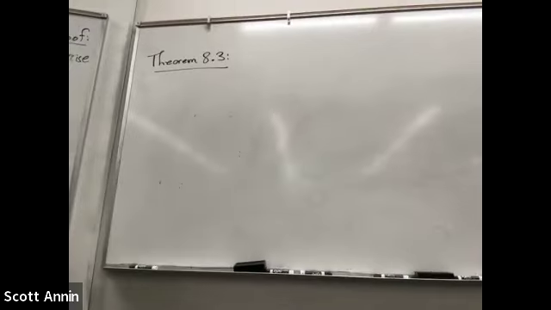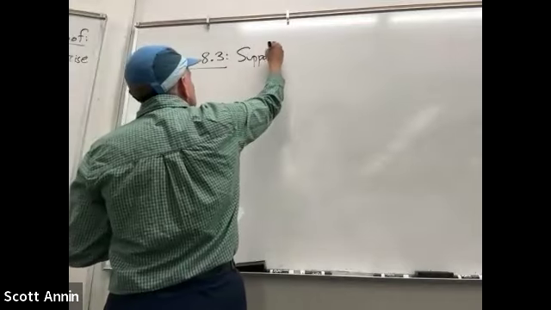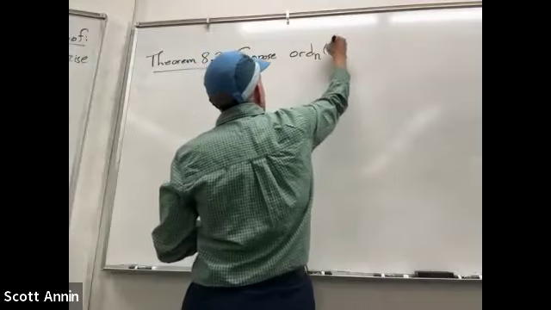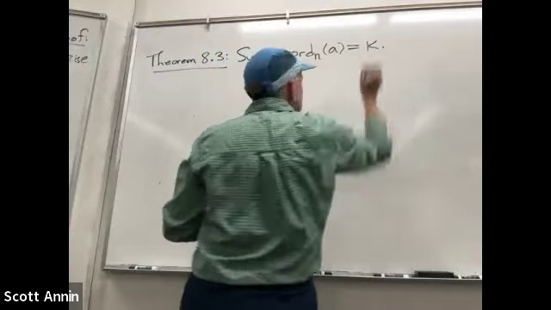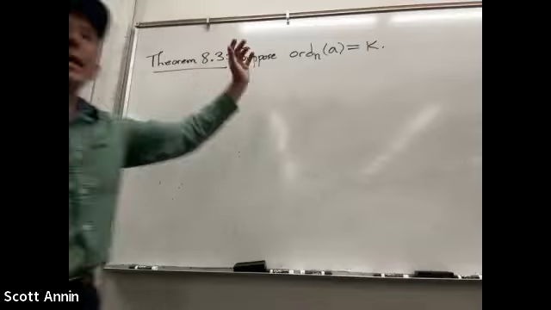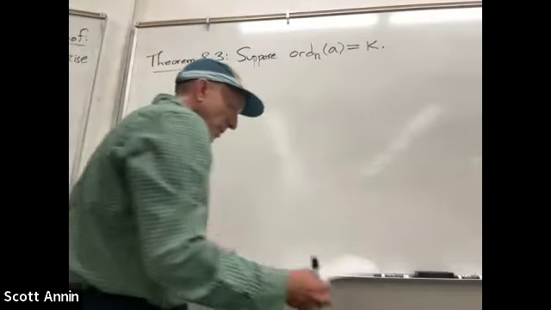And this is what this says. So again, for the umpteenth time, let's suppose that the order in mod n of A is equal to K. So again, the smallest power of A that is congruent to 1 in mod n is the kth power. Okay, let's assume that.